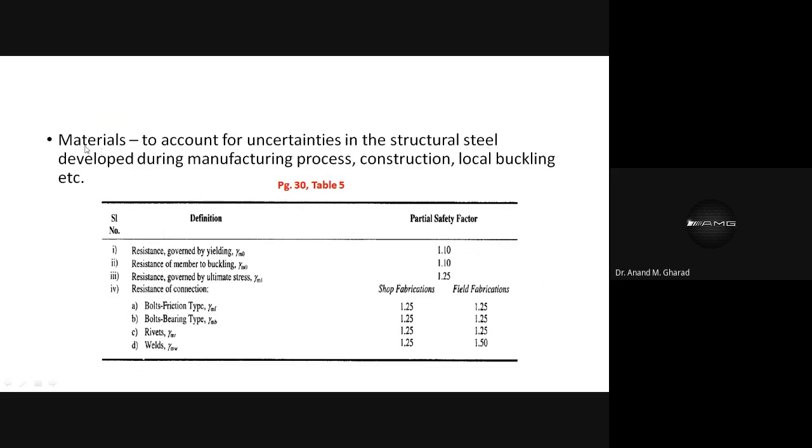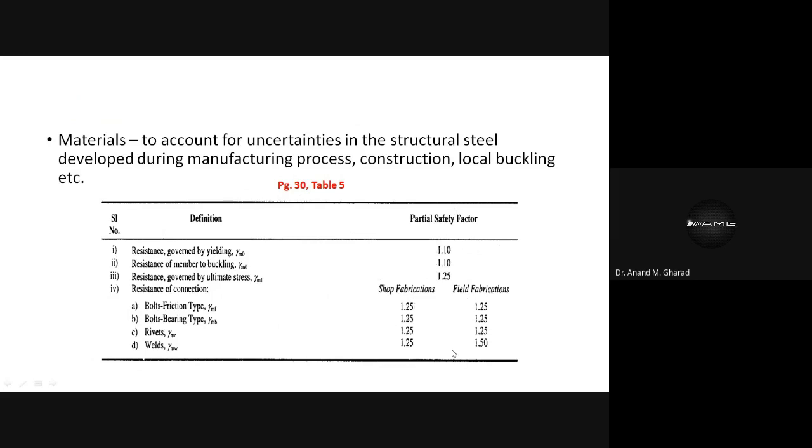So such partial safety factors for materials are mentioned on page number 30, table 5 of your IS 800-2007. You can see the description: resistance governed by yielding, buckling, ultimate stress. Since you will be making use of bolts and welds, for bolts different types are available, like friction type, bearing type, rivets, welds, etc. These are the factors of safety which are available.